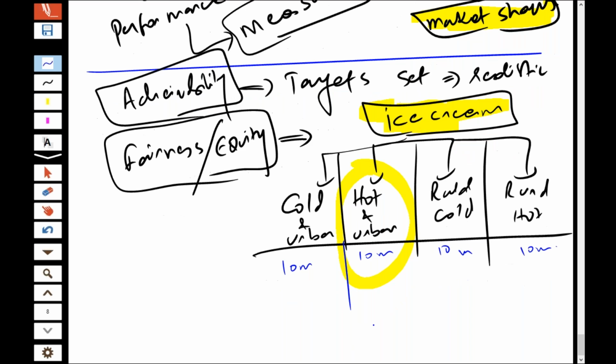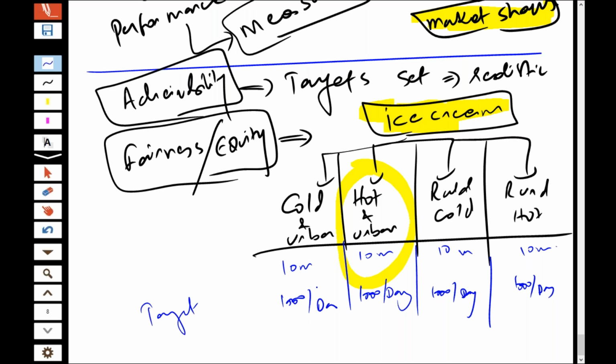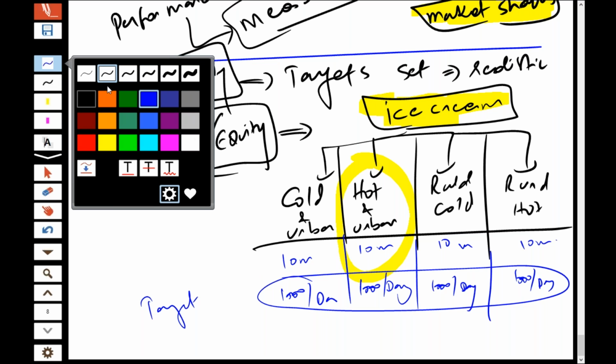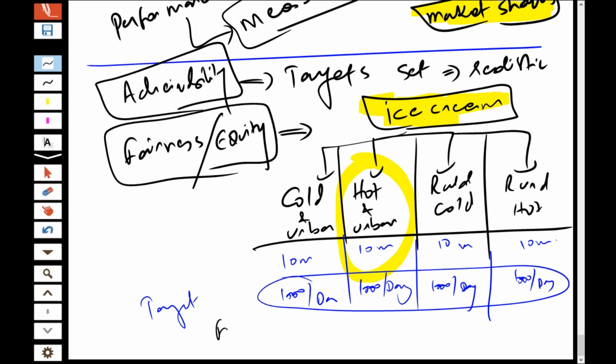So if I set the target of, let's say, 1000 sales per day for every region, and I'm setting a target in this manner, that means I am promoting equality. But it does not say equality, it says equity, fairness.